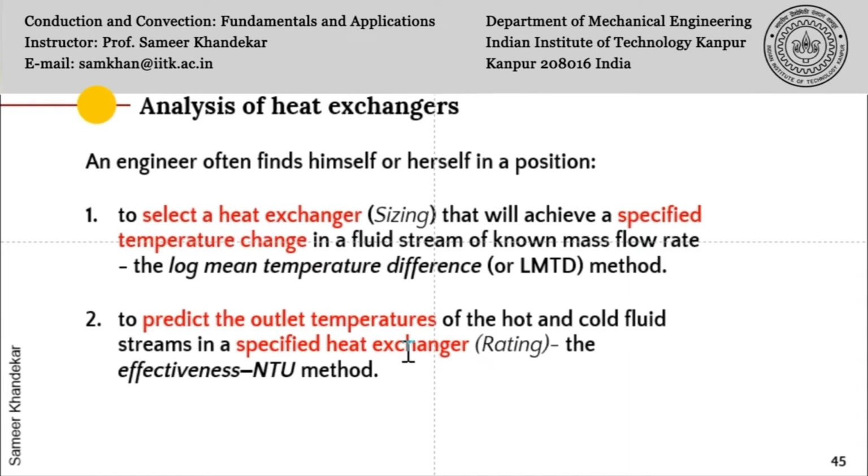What is NTU? A non-dimensional quantity, and we will see how we can use it to analyze heat exchangers. So moving on to slide number 46. We will be essentially doing these two types of problems in the next couple of lectures.